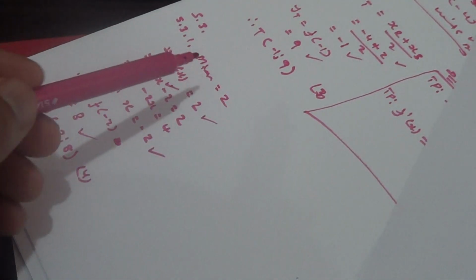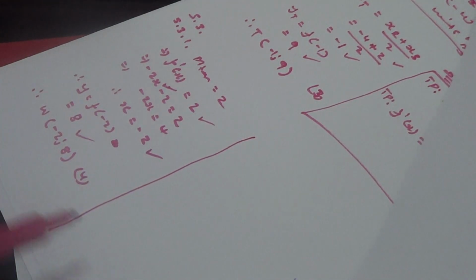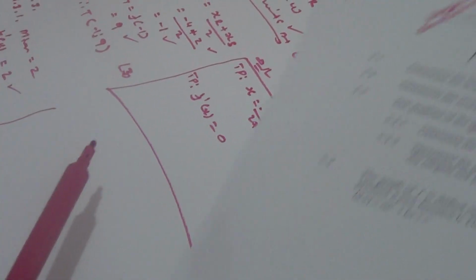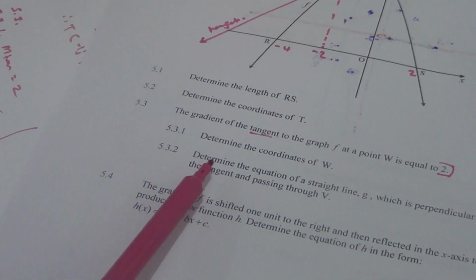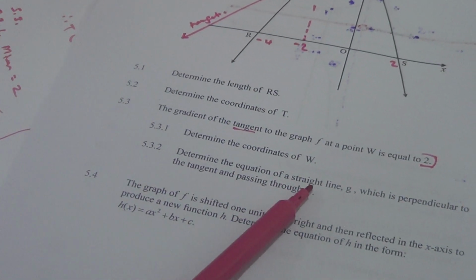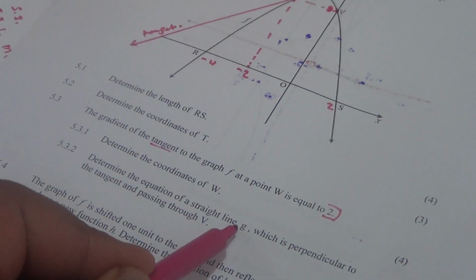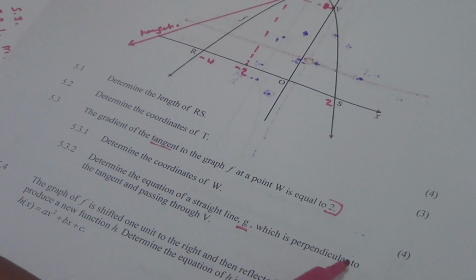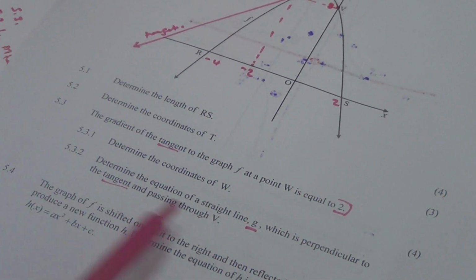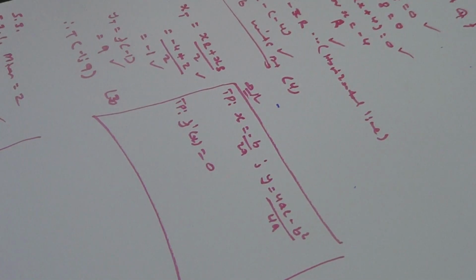So let's see, can't we do this here? We can do it. Next question says determine the equation of a straight line G which is perpendicular to the tangent and passing through V. Alright, so let's see what is this situation now.